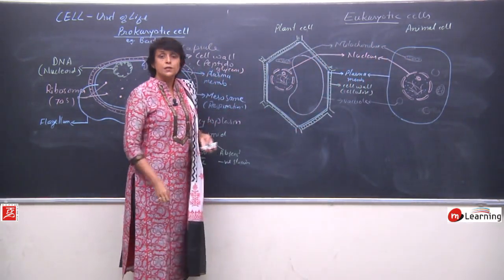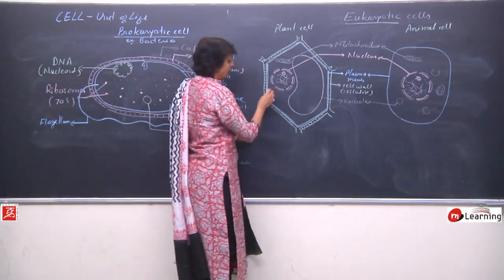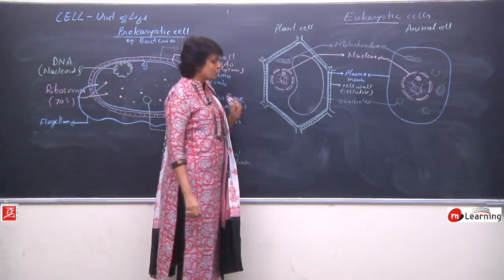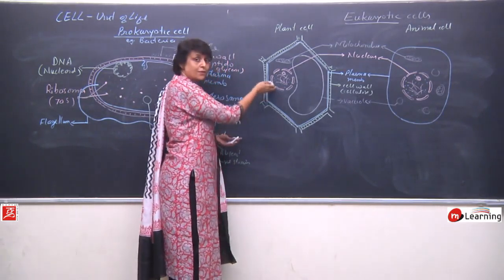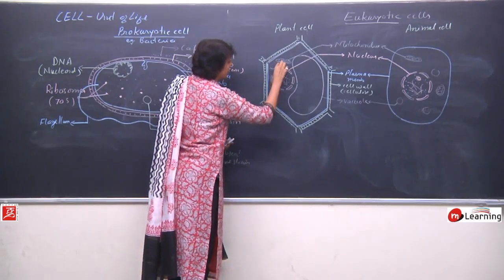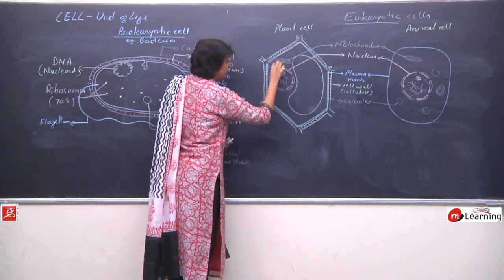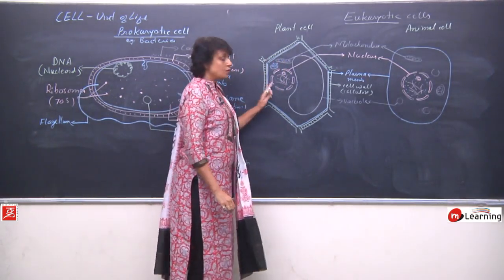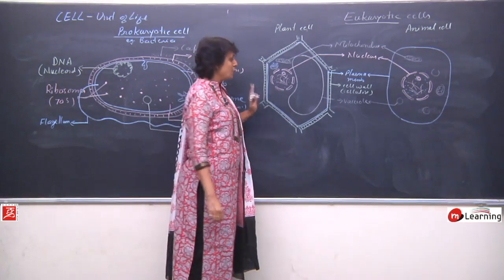Another important structure is the Golgi complex. In plants, the Golgi bodies or Golgi complex are known as dictyosomes, and they can be slightly away from the nucleus. The number can be more than one.